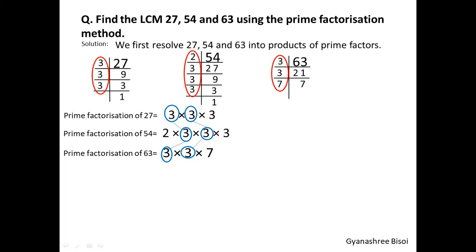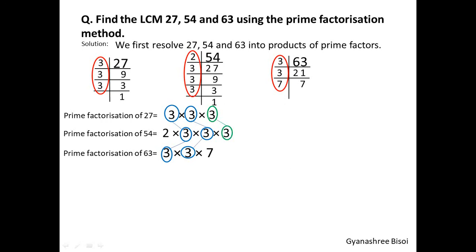So we will mark the common factors which are present at least in the prime factorization of 2 given numbers. First of all, we have already marked the prime factors which are common in the prime factorization of 3 given numbers. Now we will mark the common prime factors which are present in the prime factorization of 2 given numbers, right? So here mark 3 as well as 3. Now there is no common prime factor left over here.